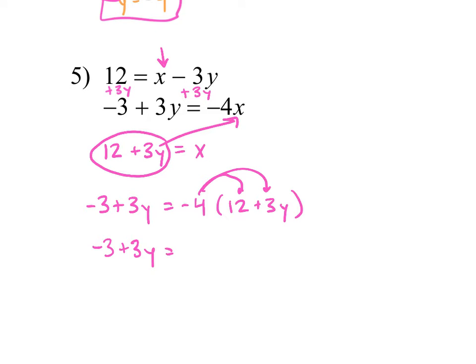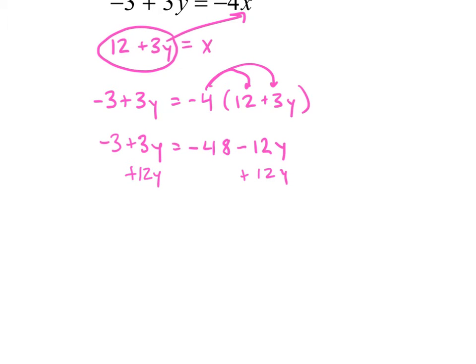So negative 4 times 12 would be negative 48. And negative 4 times 3y would be negative 12y. What do we do next? Combine like terms. So we can add 12y to both sides. So this is 15y.